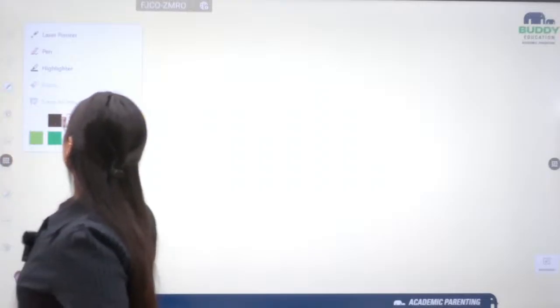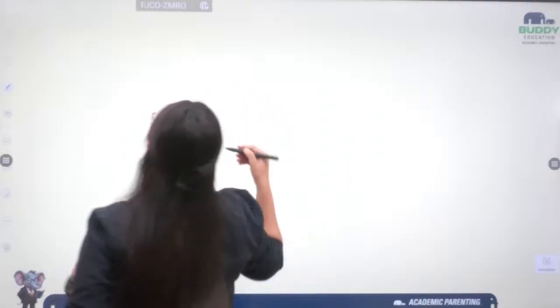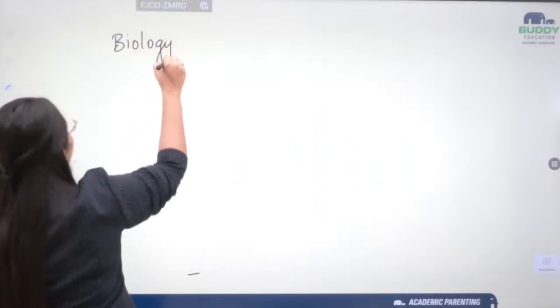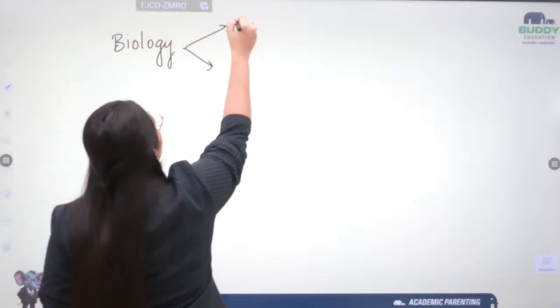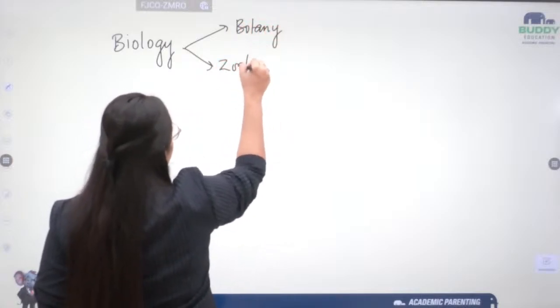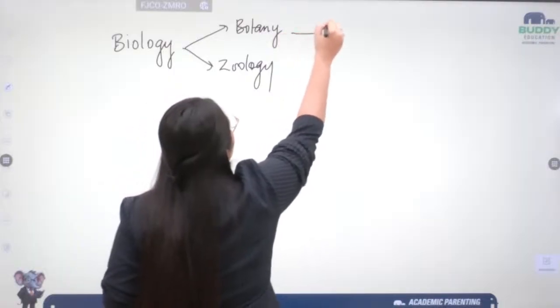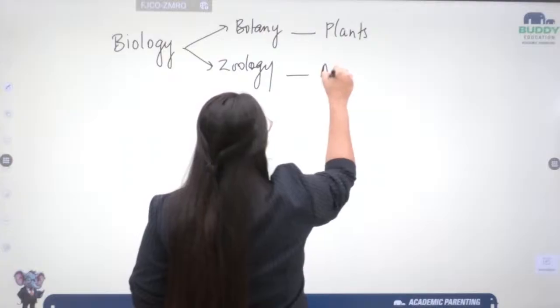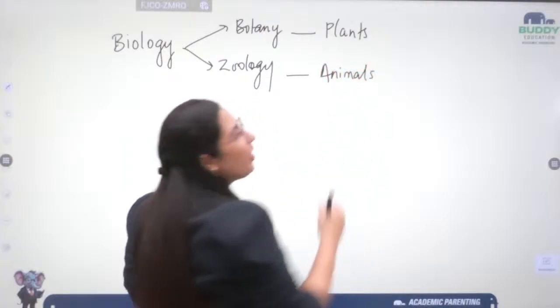So this is to give you a small introduction. I know you are all aware, but it is my moral duty to tell you a little about this. Now our biology is diversified into two branches, botany and zoology. Botany deals with all plants and zoology deals with all animals, including us, because we are also included in animals.